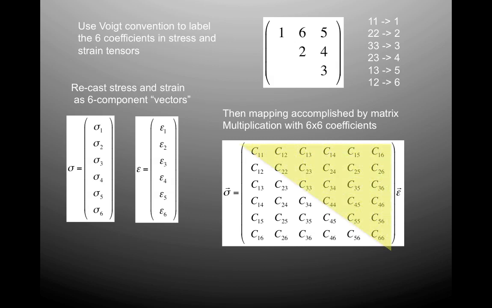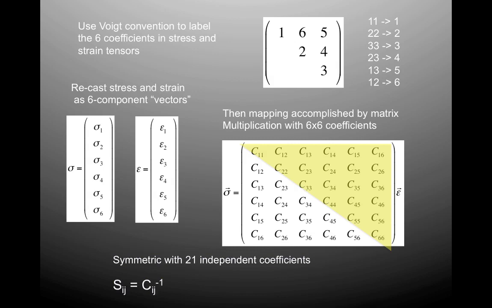Now I'll point out that I have created this array of numbers in a symmetric fashion, and so there are only independent coefficients as highlighted in yellow here. So everything in the lower quadrant is simply a transpose of what's in the upper quadrant. You count all the available coefficients in the upper quadrant and you'll come up with 21 independent coefficients.